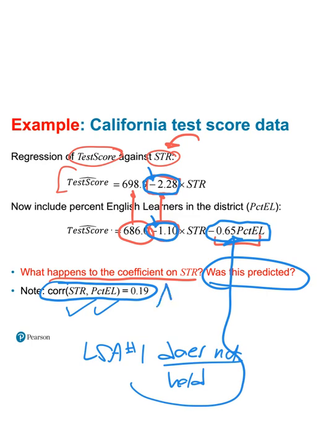Because these two variables are indeed positively correlated and thus not equal to zero, the original estimate in absolute value of the coefficient on STR would be upward biased when not controlling for the omitted variable, the percentage of ESL learners.